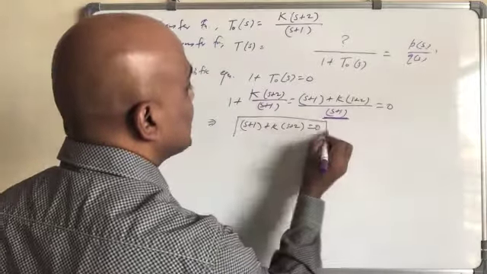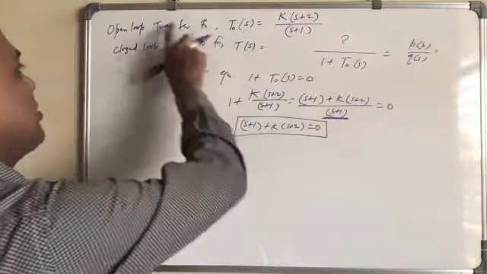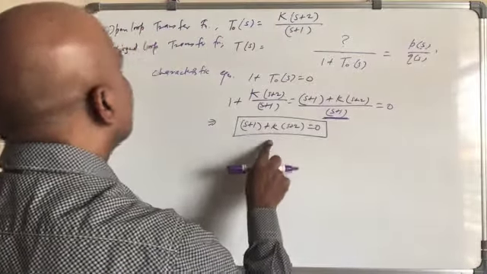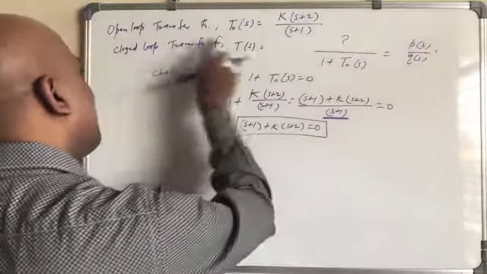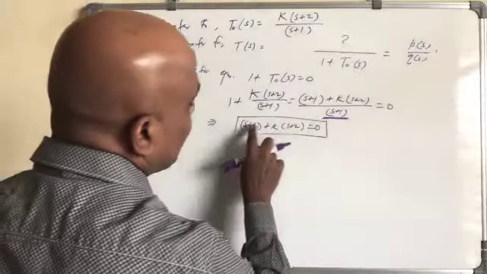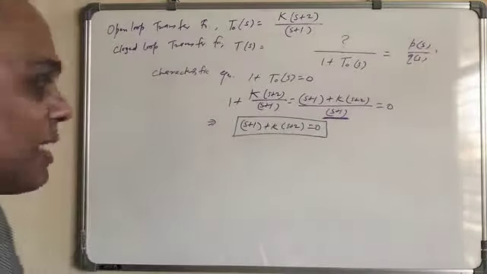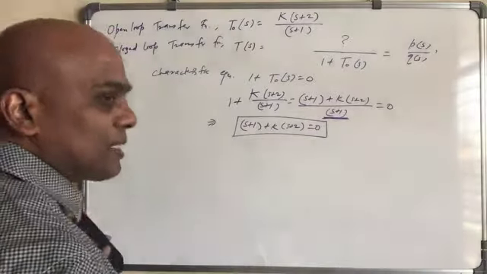So we end up with this, meaning that if we know the open loop transfer function, from there you should be able to find the characteristic equation of the closed loop transfer function, which is like this. Now the idea is to plot this. Why?